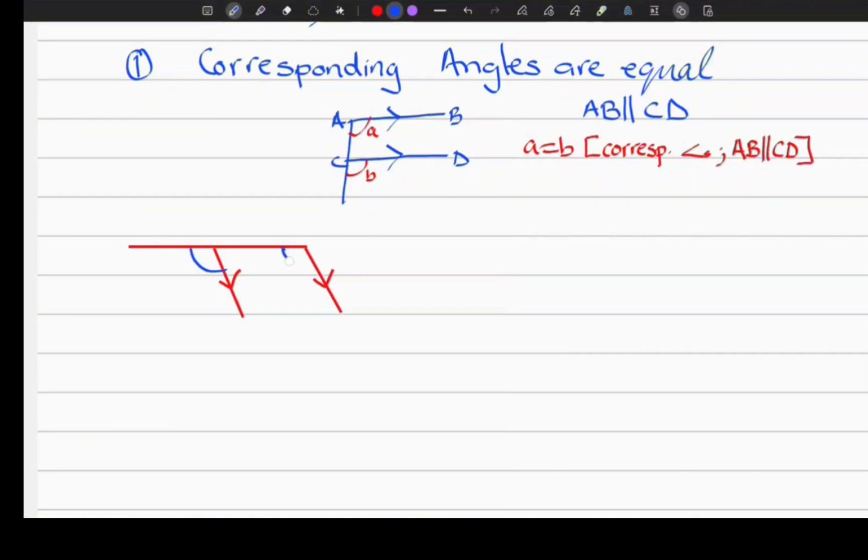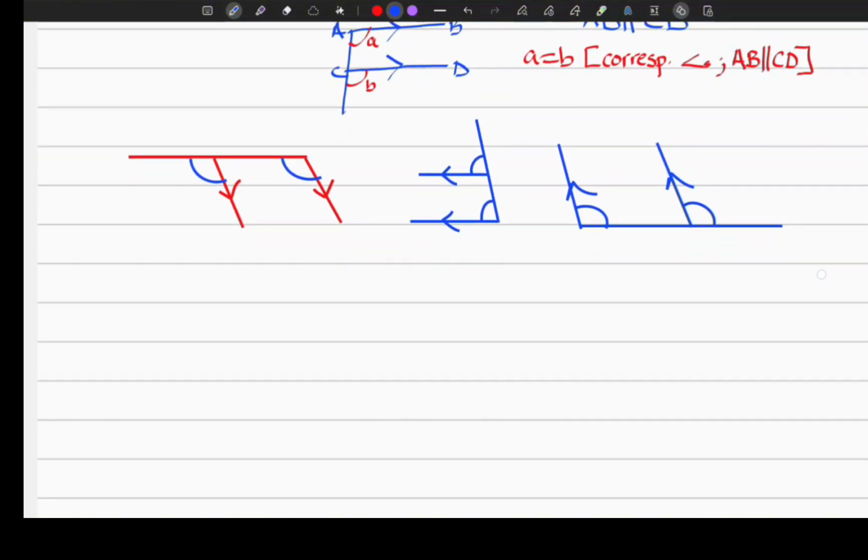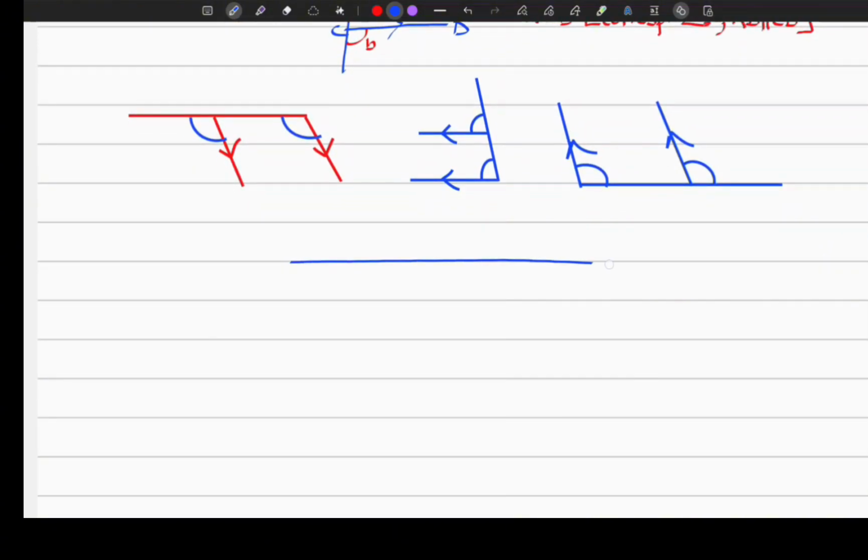These two angles are also considered to be corresponding angles. And so are these angles. Basically, watch out for the letter F in different orientations. Here's another scenario where we have corresponding angles.